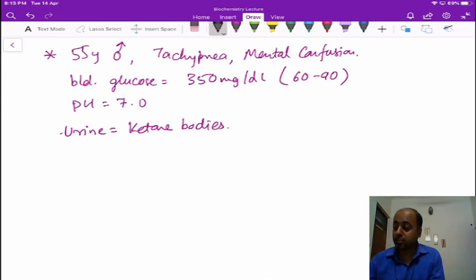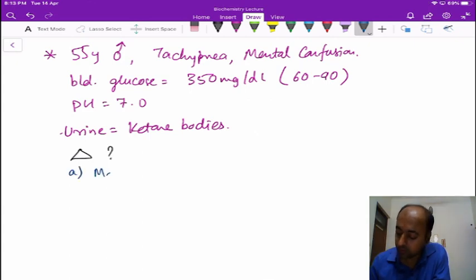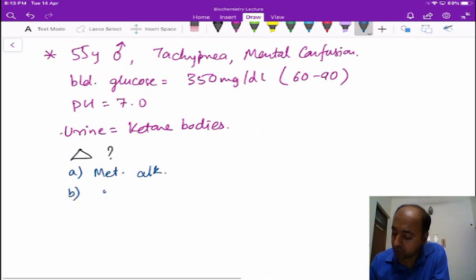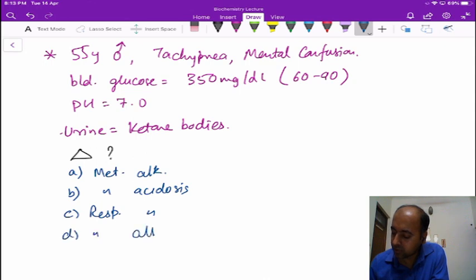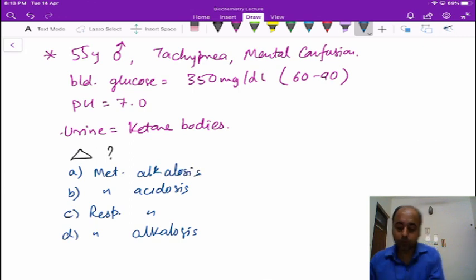Nothing else is given in the question, and you have to provide us with the diagnosis. The options are: metabolic acidosis, respiratory acidosis, and respiratory alkalosis. What is the answer?